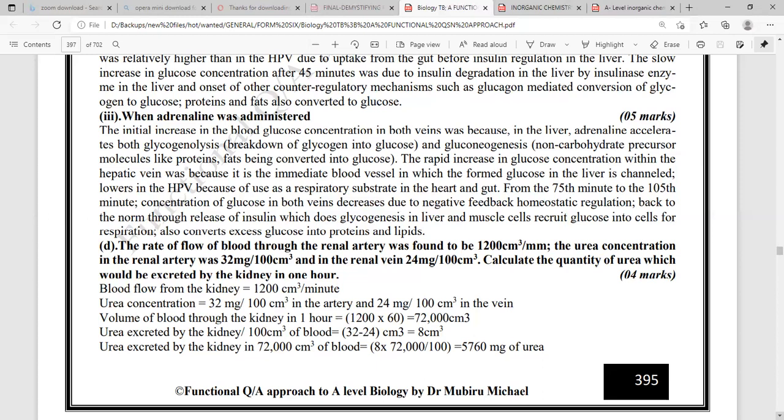So to get the urea excreted by the kidney in 72,000 centimeters cubed, you get 8 times 72,000 out of 100 centimeters cubed. You end up with 5,760 milligrams of urea.